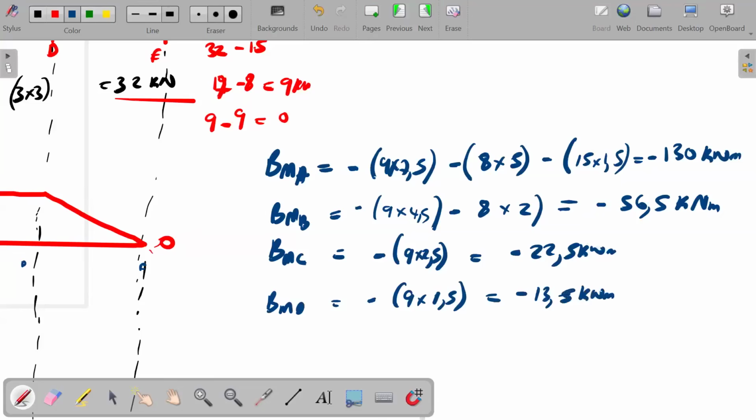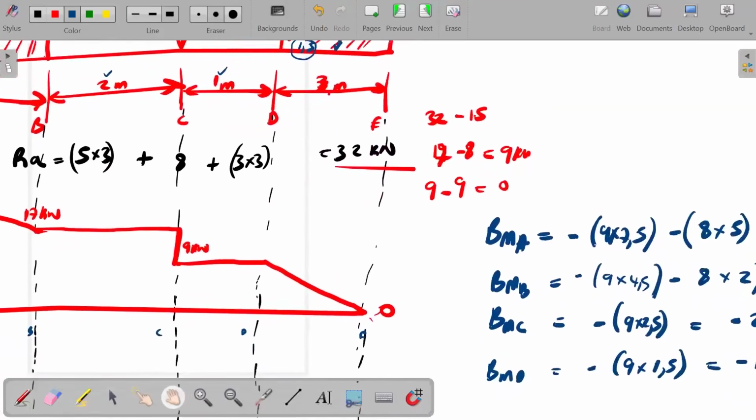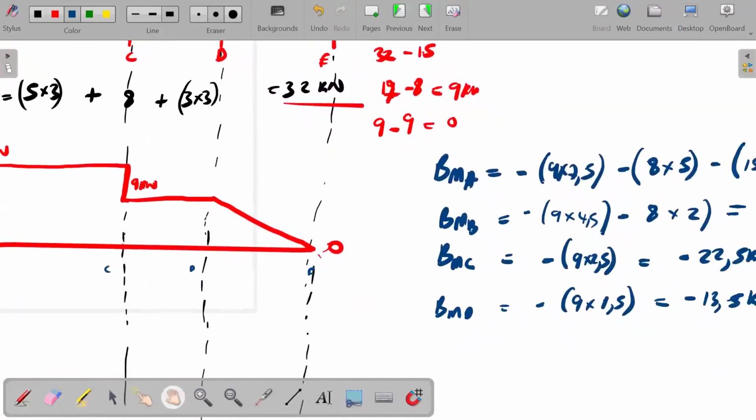So basically, we are repeating ourselves in the same fashion, where we started from A, B, C, D, until we are at E. The bending moment at E is going to be 0. So that marks the last one. Okay, so we have calculated them.